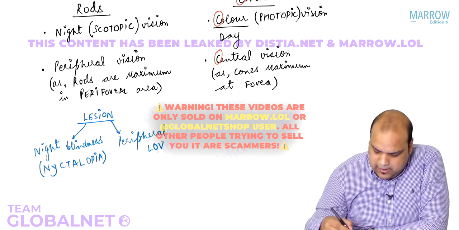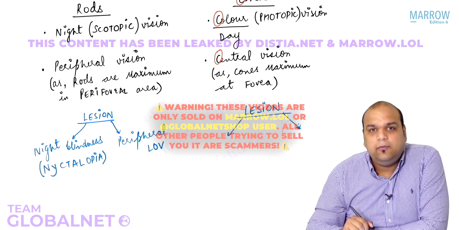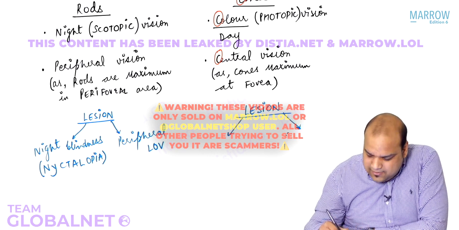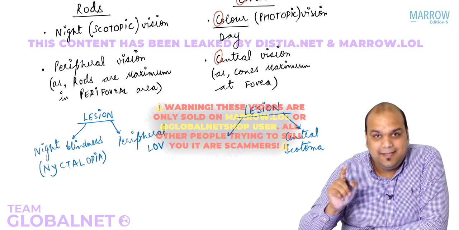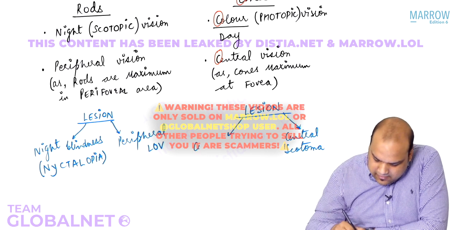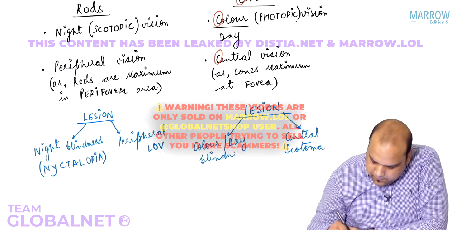Yes. Similarly, let's see what will occur when there is a lesion of cone cells. Again, two things will occur. Which vision will be lost now, everybody? Central. So I will say the patient will have a central scotoma. Yes. And secondly, the patient will have color or day blindness.